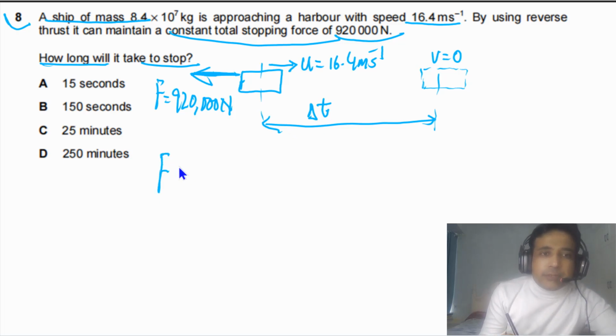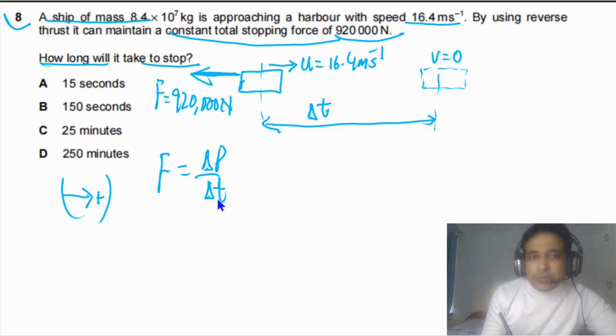So the best way to answer this question is simply we can write down the resultant force in this case will be equal to change in momentum over time taken, and in this case we will take to the right as positive, and we need to calculate delta t.